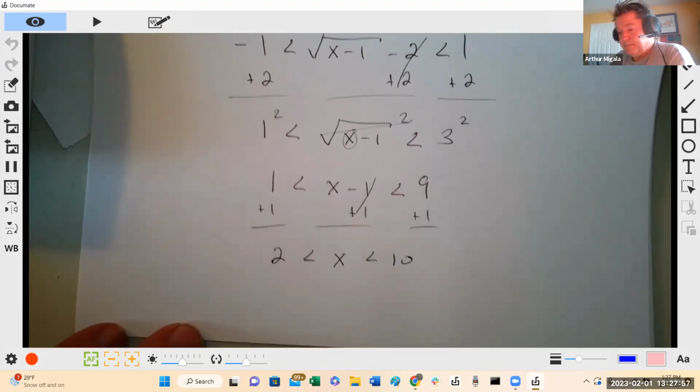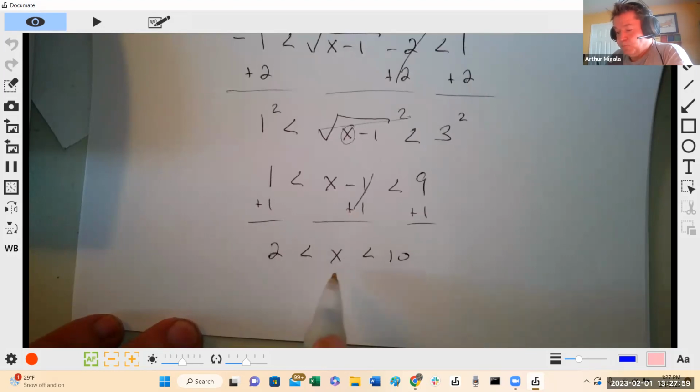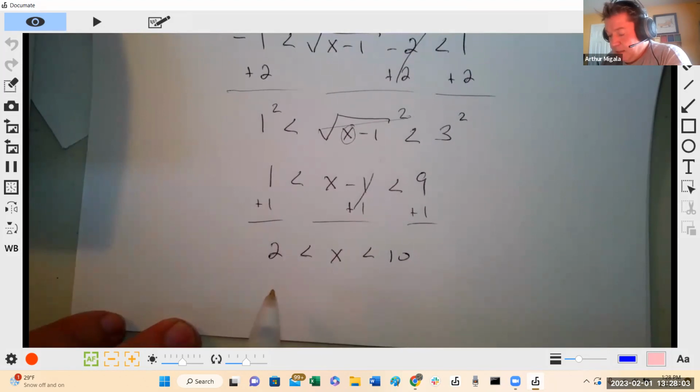All right. So we have our x values there. Let's see. 0 less than the absolute value of x minus c.